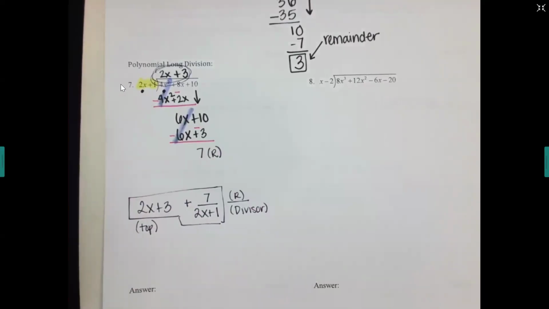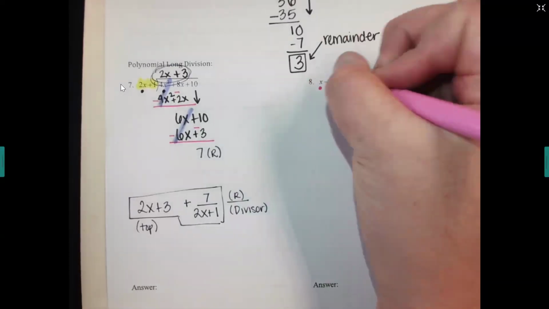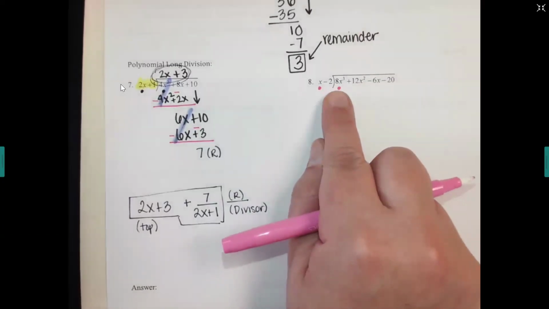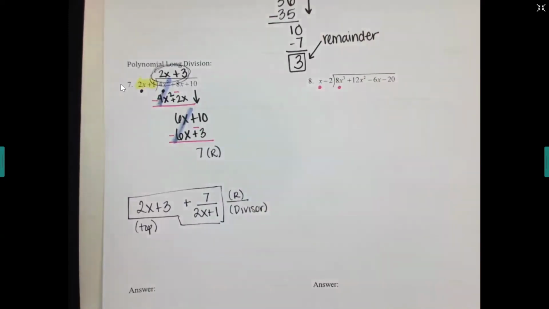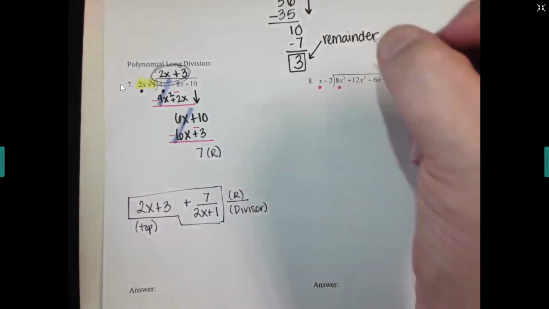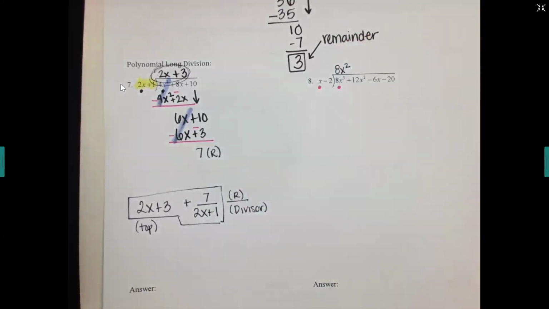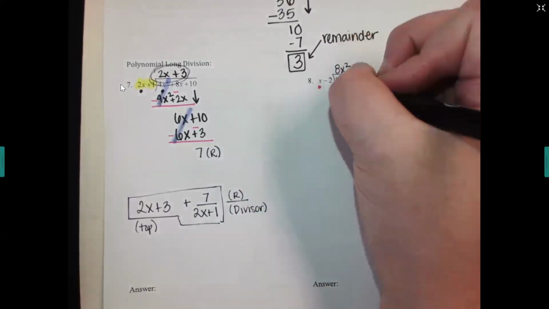Okay, I have an x in the front, and I need it to perfectly match an 8x cubed. What do I need to multiply it by to turn my x into an 8x cubed? 8x squared, very good. So put an 8x squared on top. When I times the 8x squared with the x, it's an 8x cubed.